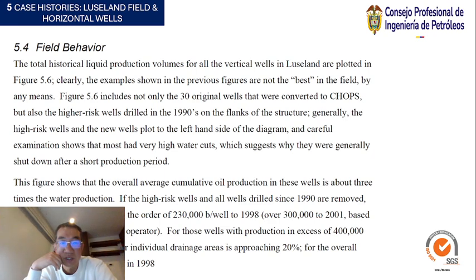If the high-risk wells and all wells drilled since 1990 are removed, the average oil produced is on the order of 230,000 barrels per well to 1998, over 300,000 to 2001, based on verbal statements from the operator.